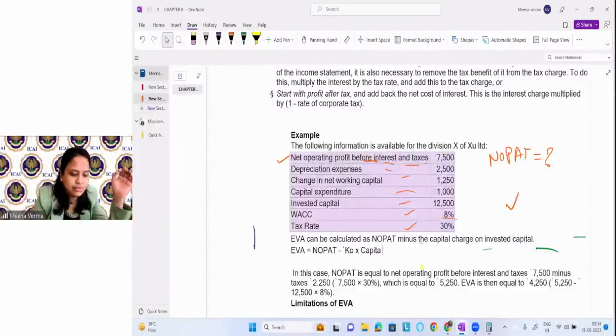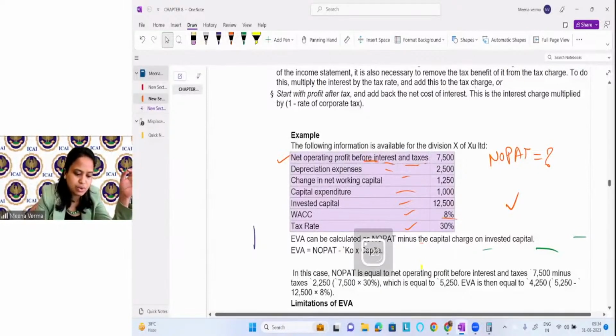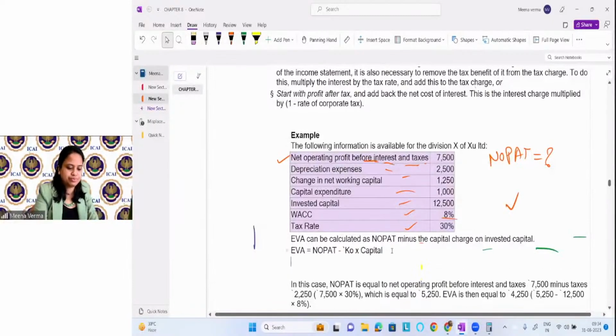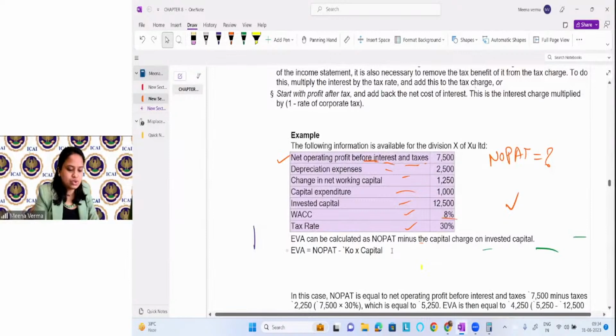Now see, sometimes the total capital is given in the question and sometimes the composition of capital is given in the question, right? So in this case, let's calculate net operating profit after tax.